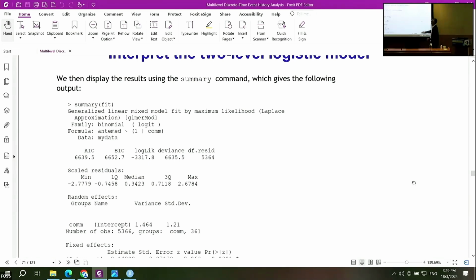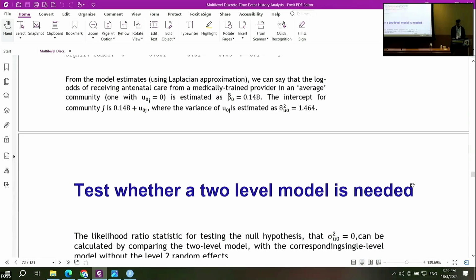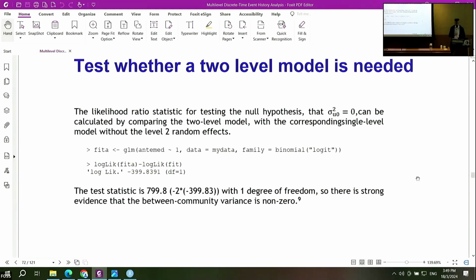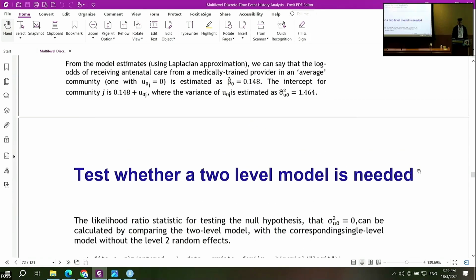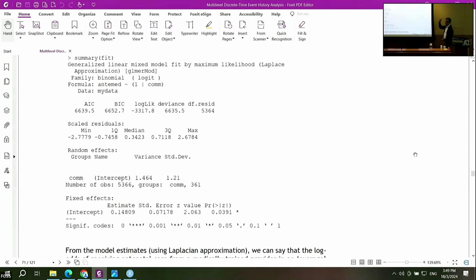So we can display the results using the summary command, and I think we've gone through this already. Now we test to see whether a two-level model is needed. Remember I was going on about how we shouldn't use the t-test here. So this is the random effects.